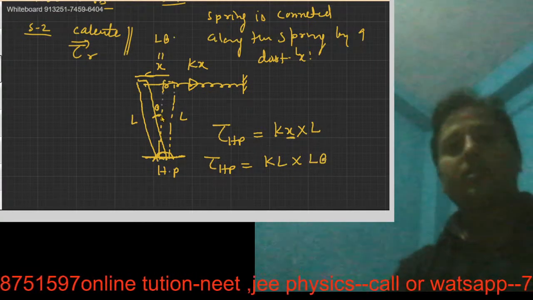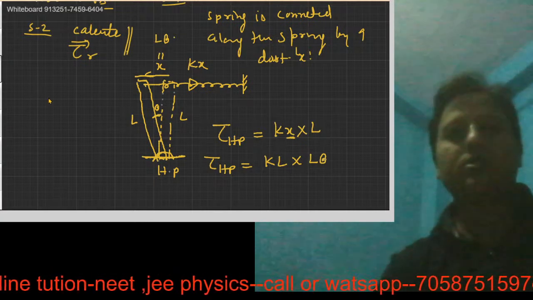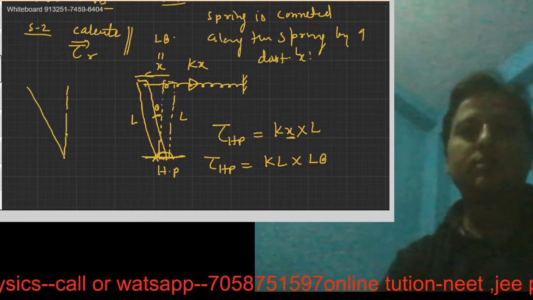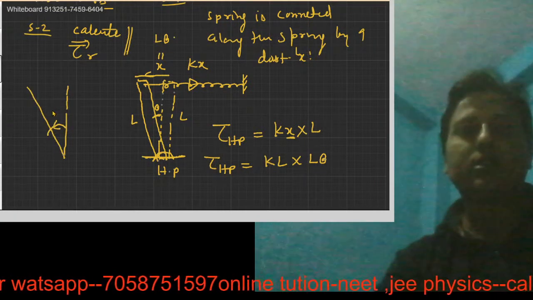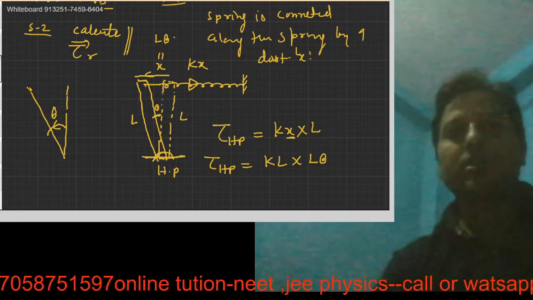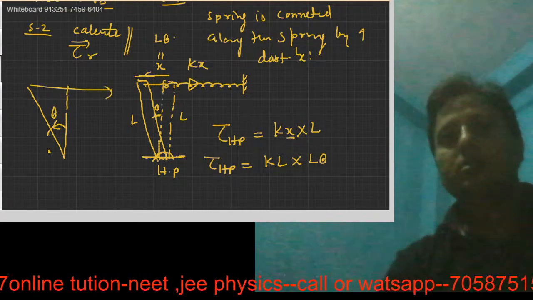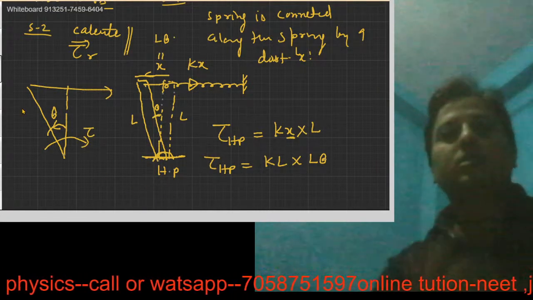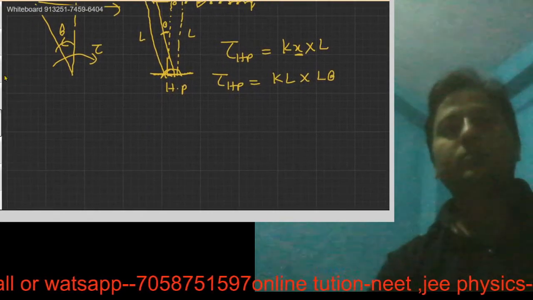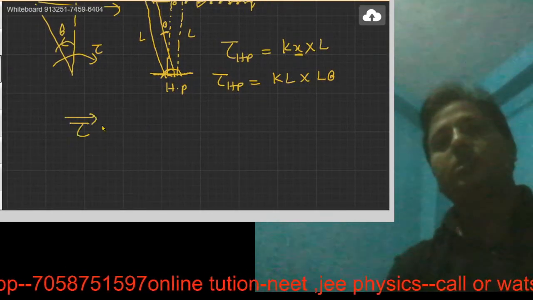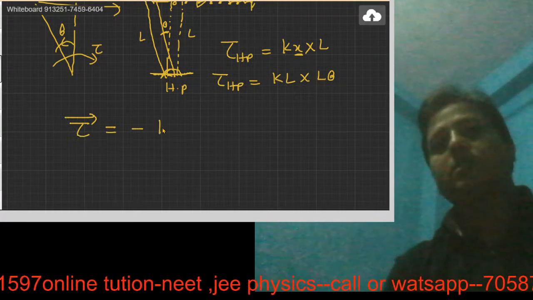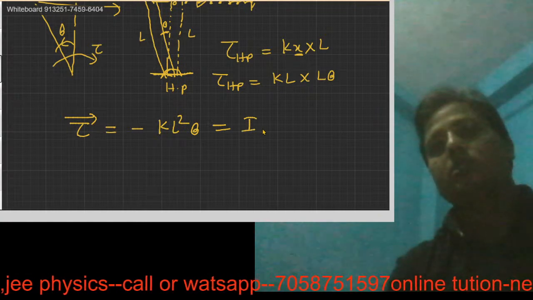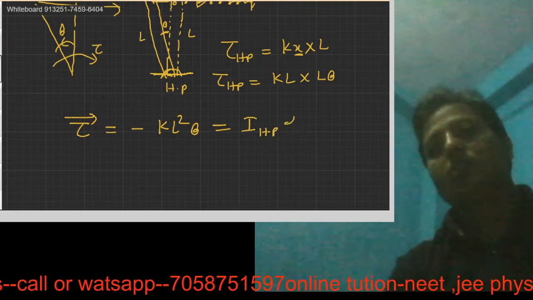But we see that we have taken theta in the anti-clockwise sense, and here the torque is in the clockwise sense. So in vector form, torque is minus kL square into theta, as torque equals I about the hinge point into alpha.